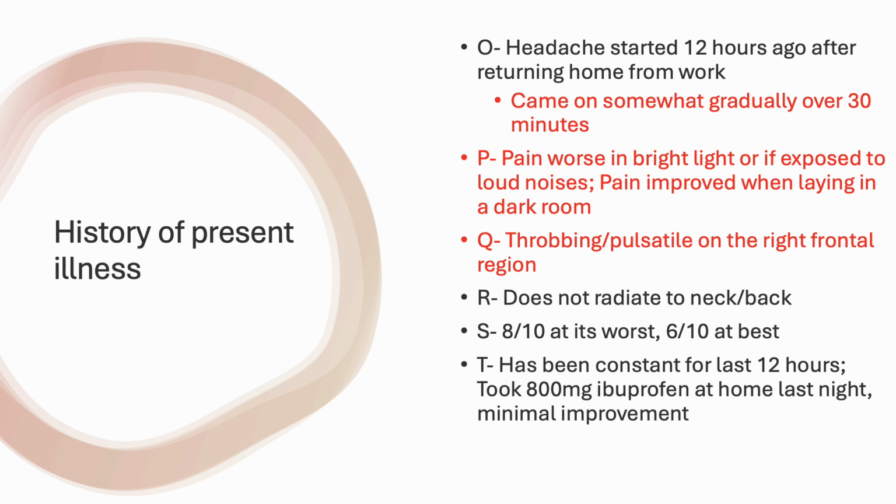We call that photophobia and phonophobia. And the pain's improved when he lays down in a dark room. The quality of the pain is described as throbbing or pulsatile, and it's in one kind of specific location on his head.